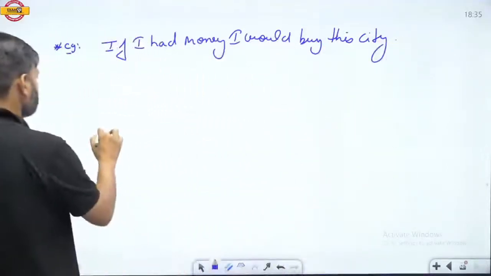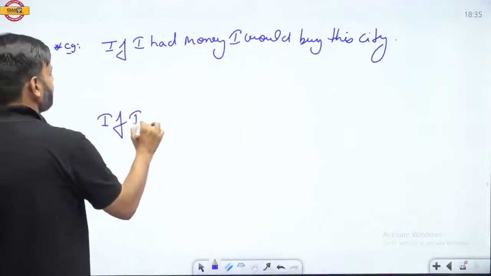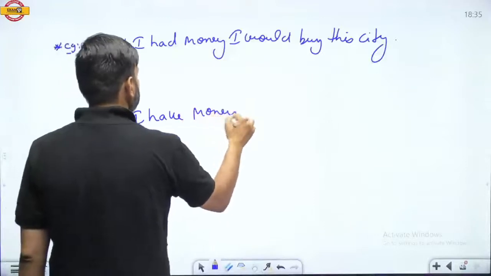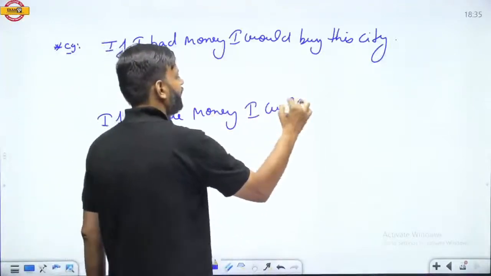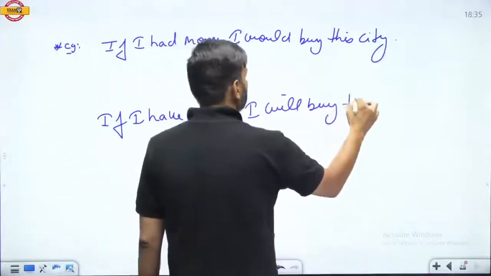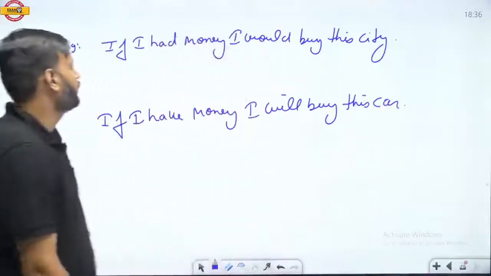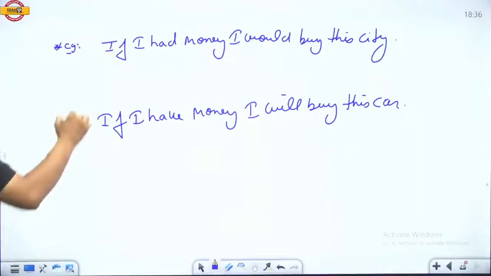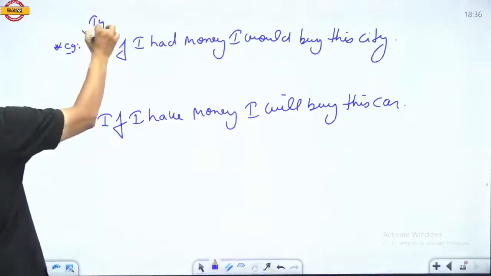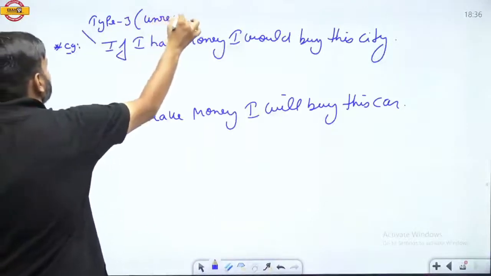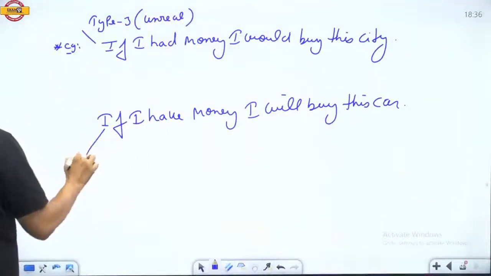And see one more sentence. If I have money, I'll buy this car. Okay, so this is type 3, which is unreal, and this is type 2, which is real.